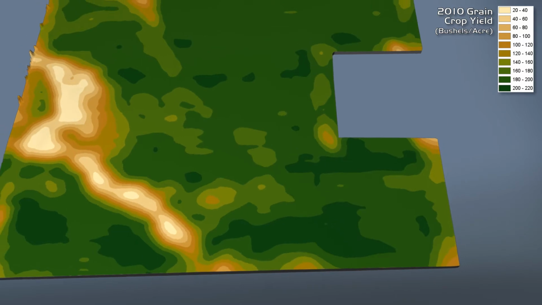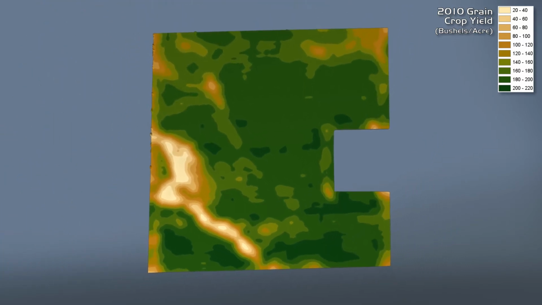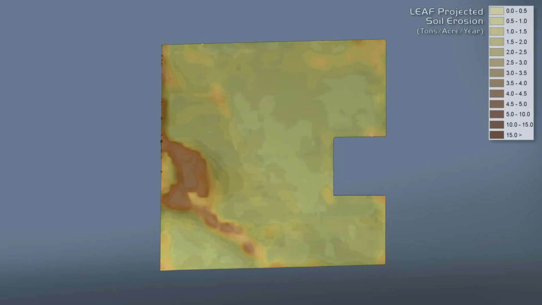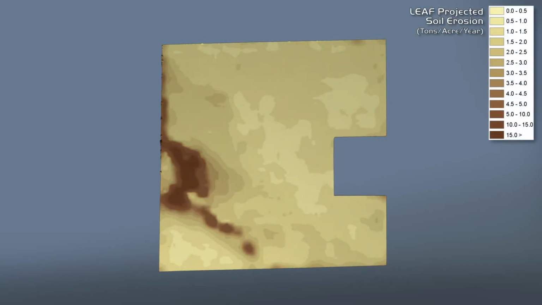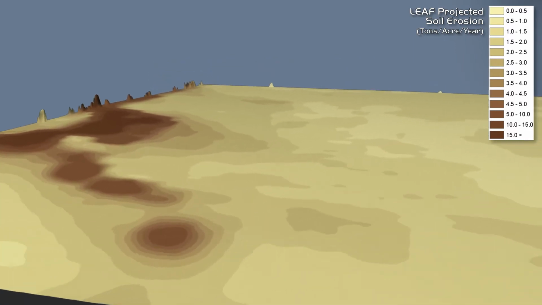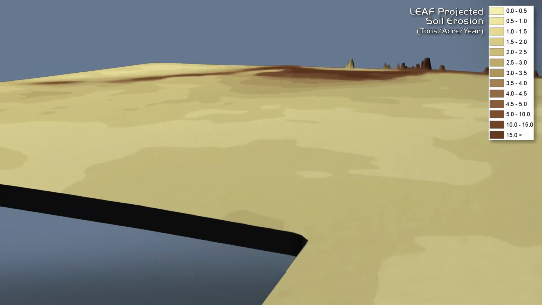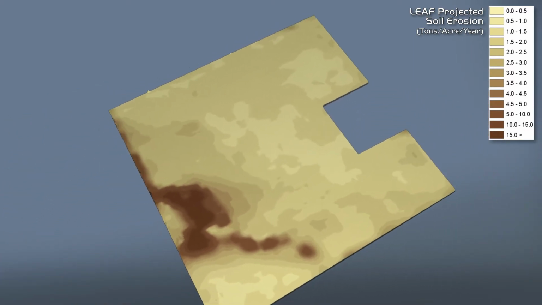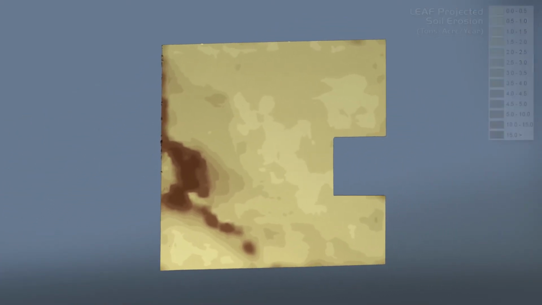We can see that these conditions, along with variability in weather for a year, create some very serious challenges. This is underscored when we look at the LEAF projected soil erosion data under current management practices. These data reveal several undesirable situations that are inherently getting worse, with some areas losing 15 tons of soil per acre per year.